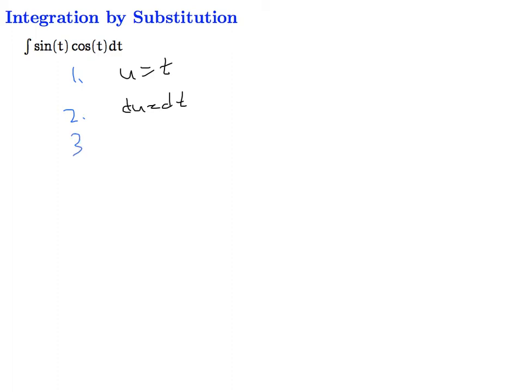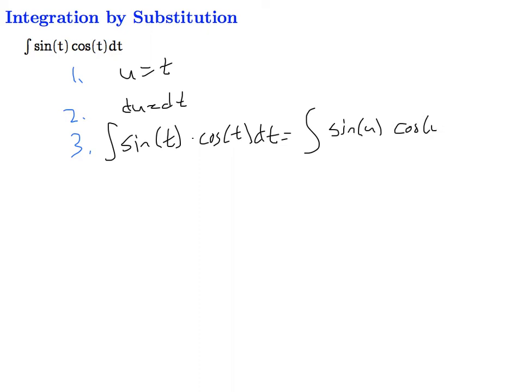And then in step 3, we rewrite, so we get the integral of sine of t times cosine of t dt is equal to the integral of sine of u cosine of u du. And nothing happened, okay? We just changed letters. We didn't actually make it look different so that it's more computable.